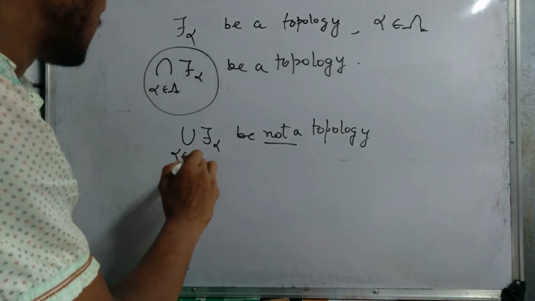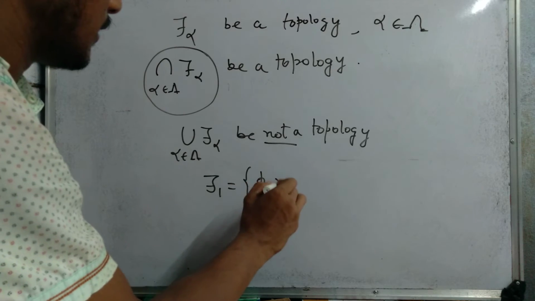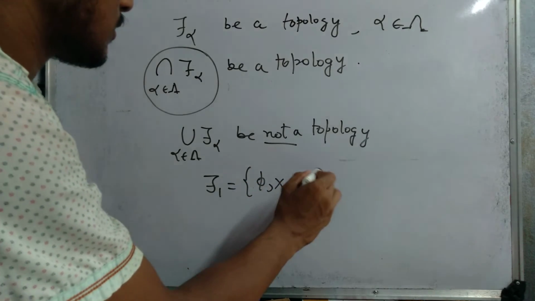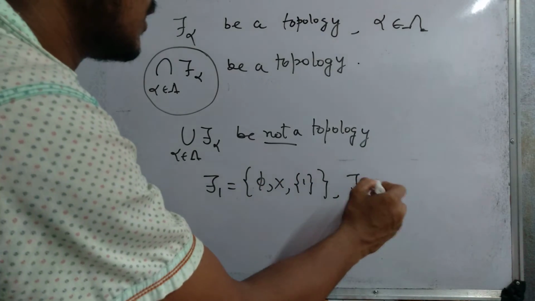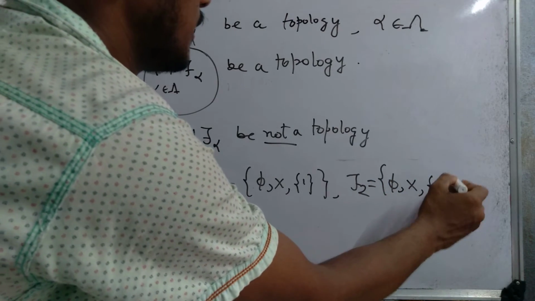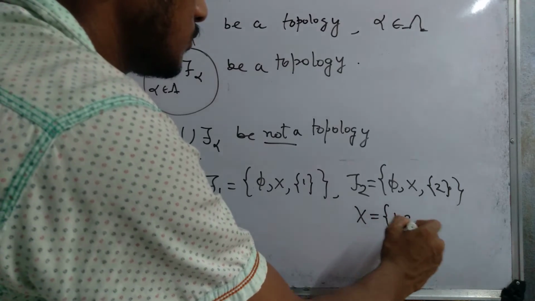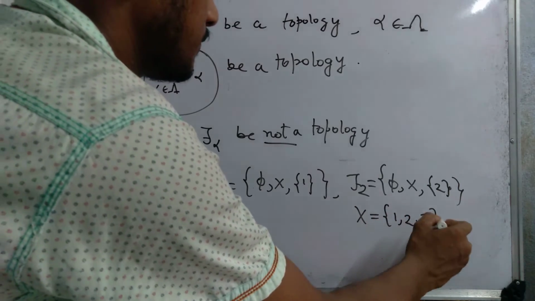How do we show it? Let tau 1 equal {phi, X, {1}} and tau 2 equal {phi, X, {2}}, where X equals {1,2,3}.